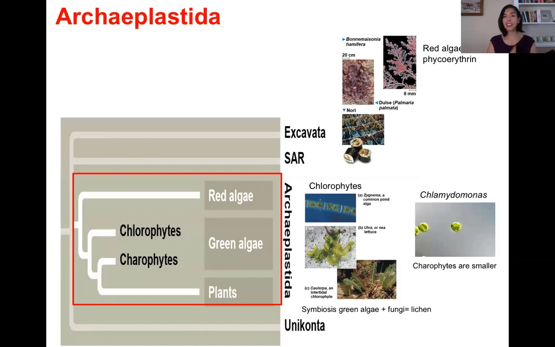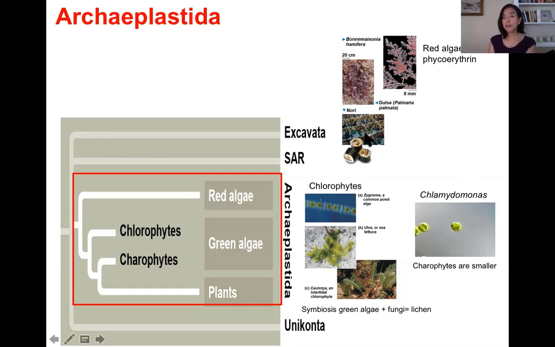Archaeoplastida, then, is going to have red algae. And this red algae, we have it here, is going to have phycoerythrin. And phycoerythrin is a pigment. So in absence of this phycoerythrin, this red algae actually looks green because they have chloroplast. But in abundance of this pigment, if the algae are producing tons of this phycoerythrin, they are going to look red or even blackish.